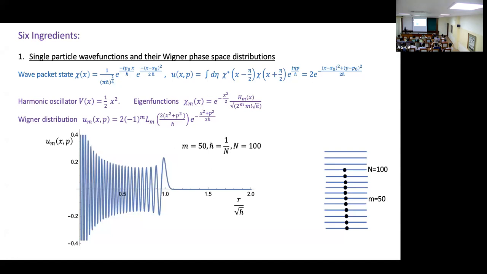The eigenfunctions are given by Hermite functions times the Gaussian, and the corresponding Wigner distributions are given by Laguerre polynomials multiplied by Gaussians, where these are functions of x squared plus p squared. So if you define polar coordinates in the phase space, then it is independent of theta. It is dependent only on r.